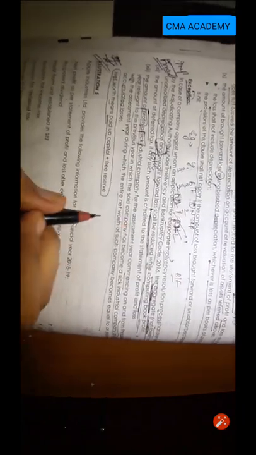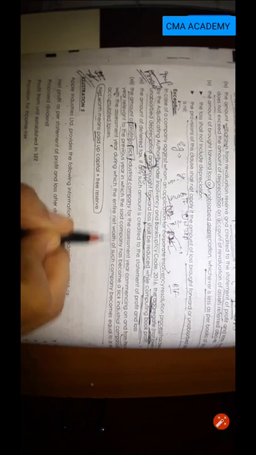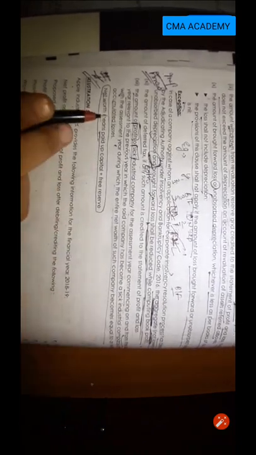Net worth means paid up capital plus free reserve. That means if any company is declared as a sick company in the current or previous assessment year, and the company earns a profit such that its entire net worth becomes equal to or exceeds the accumulated losses.